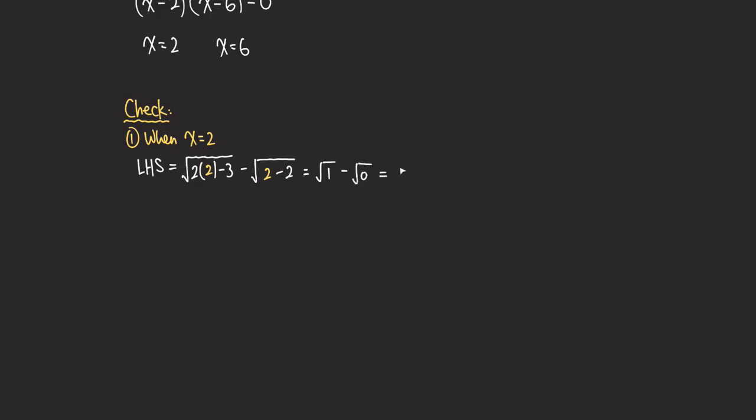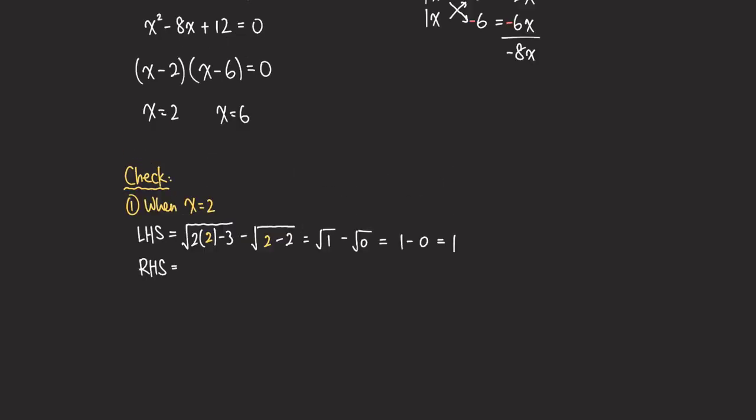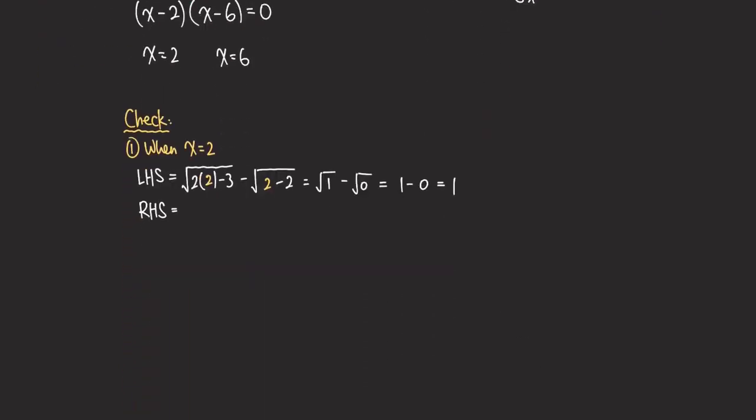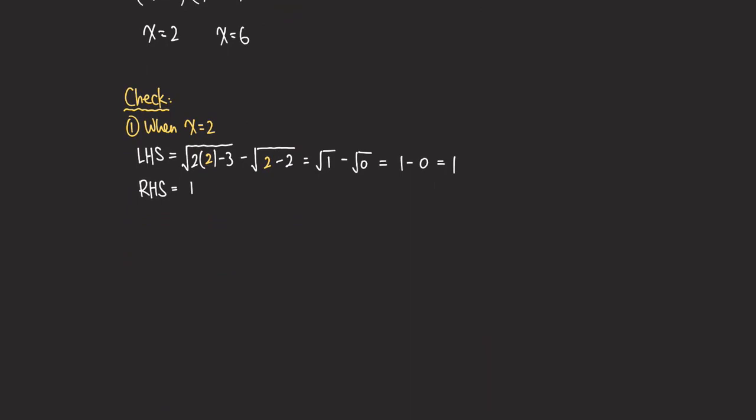So 1 minus 0 is 1. And the right-hand side is just 1. You can see that they're equal. I'm going to just write it here: that's equal to the right-hand side.